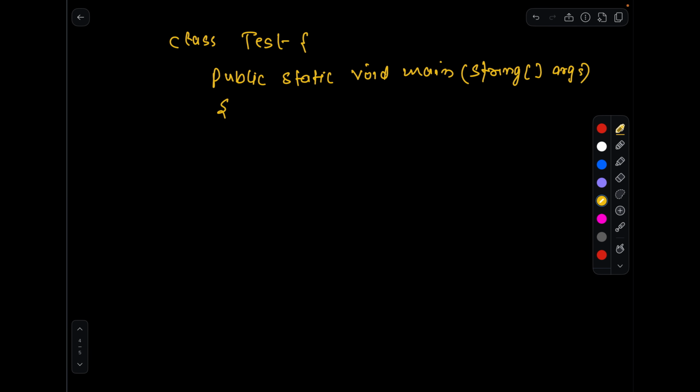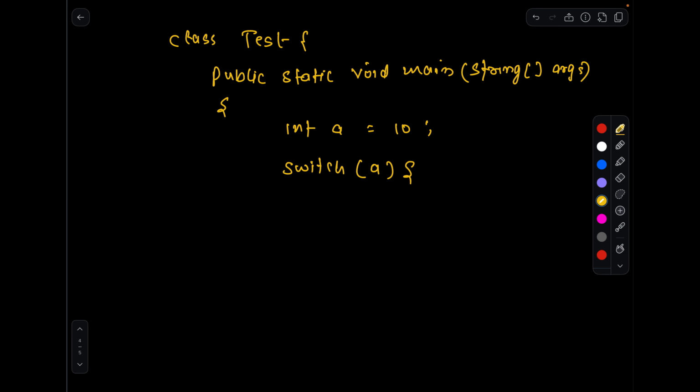Then only it will execute. So let me initialize a variable here, int a equals 10. Now I'm writing a switch case. My switch case is switch and then the argument; I'm taking the argument as a. Now my switch case will start. I'll create cases. So case, let me see, 5. Then I'll print something.